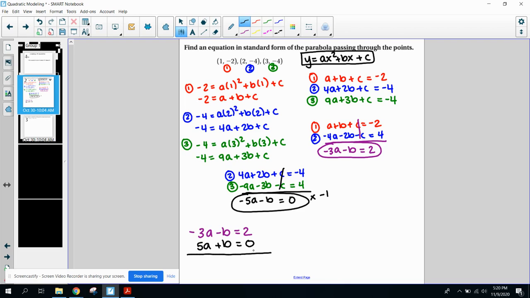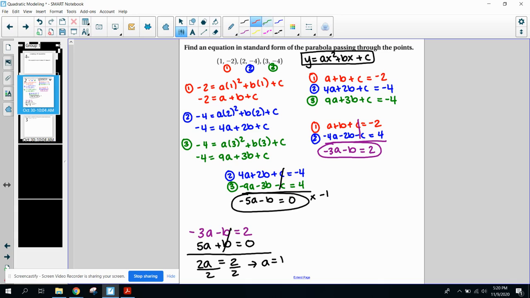So I'm going to add these because my b's are opposite signs. So I'm going to get that 2a, these are going to cancel out, is equal to 2. So if I divide by 2, I'm going to get that a is equal to 1. So once I have one of my variables, what I'm going to do is go back up to one of my circled equations. So I could pick either of the 2 circled equations, and I'm going to plug in 1 for a.